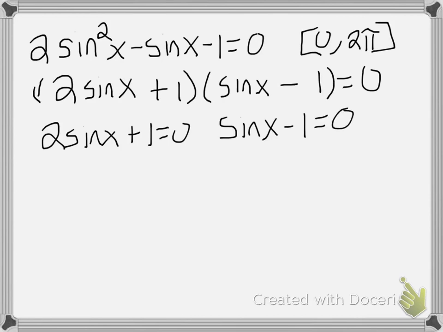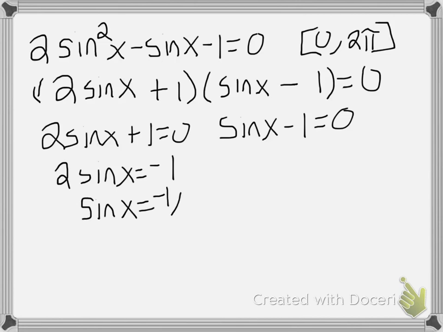So now we have 2 sine of x is equal to negative 1, so the sine of x equals negative 1/2. And we also have sine of x is equal to 1.